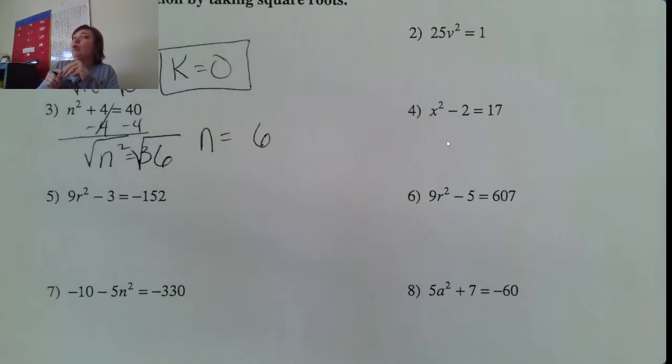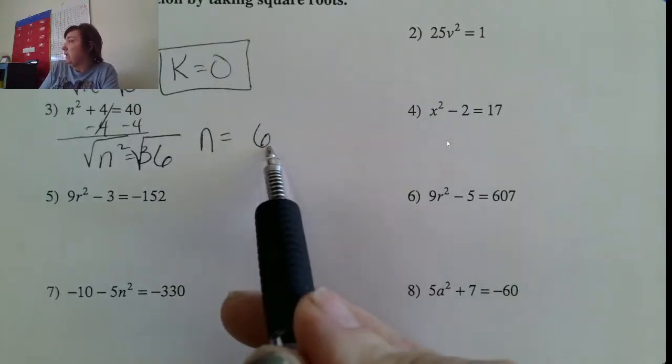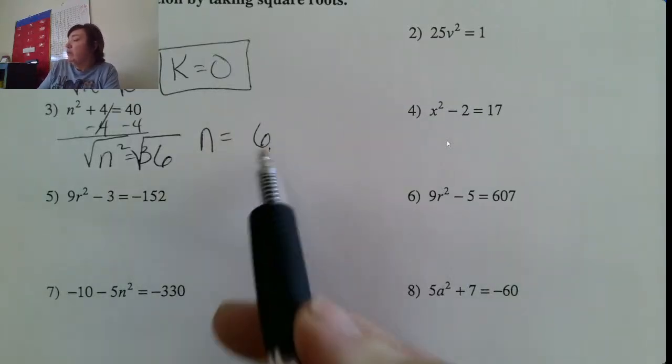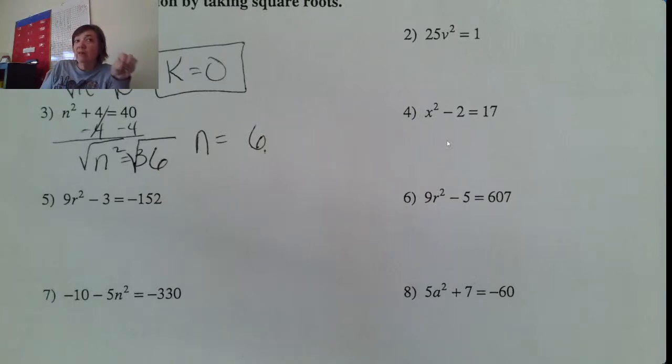Remember, square root means what number times itself gives me this number. And 6 times 6 definitely gives me 36. But there is another number that times itself also gives me 36. Does anybody know what that is?